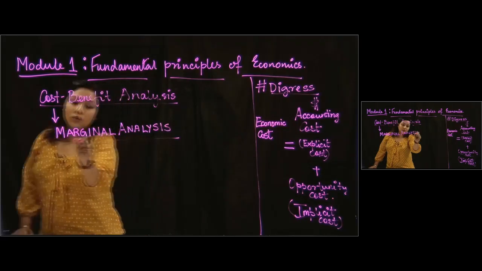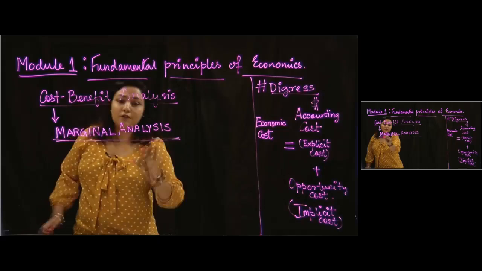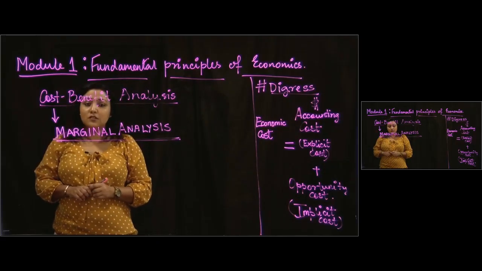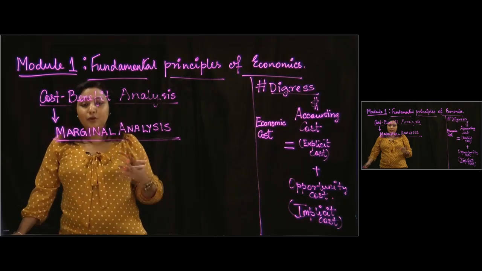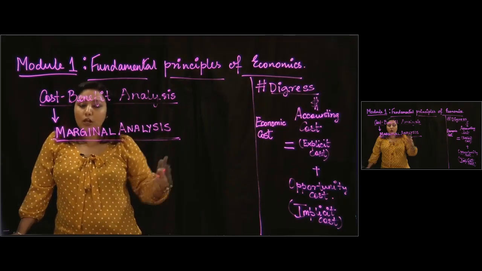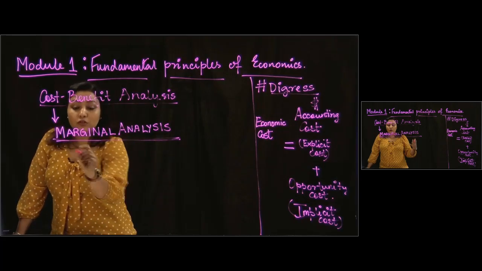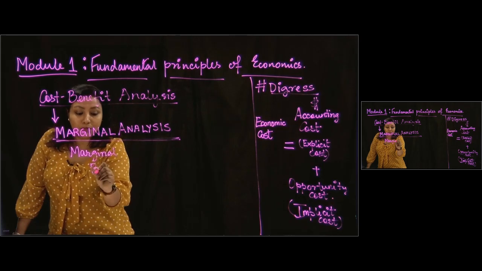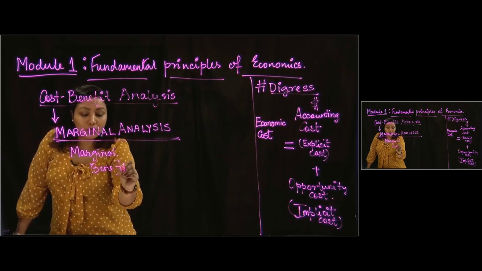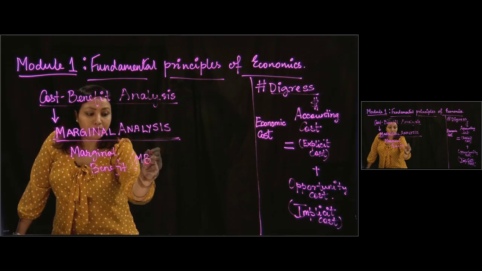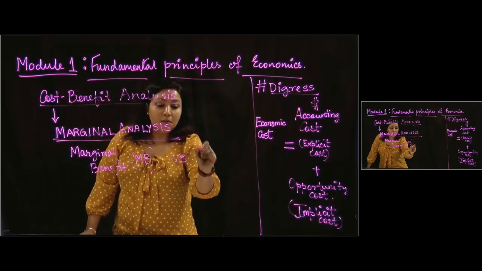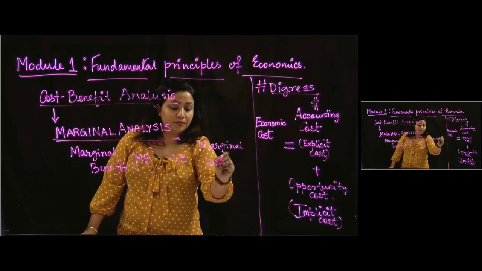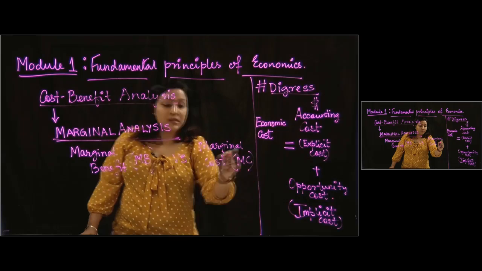So we follow marginal analysis in doing this cost benefit analysis. What do we mean by marginal analysis? Marginal analysis basically means that instead of looking at total cost or total benefit of doing something, we just look at the marginal benefit, which is also called MB, and the marginal cost, which is called MC.